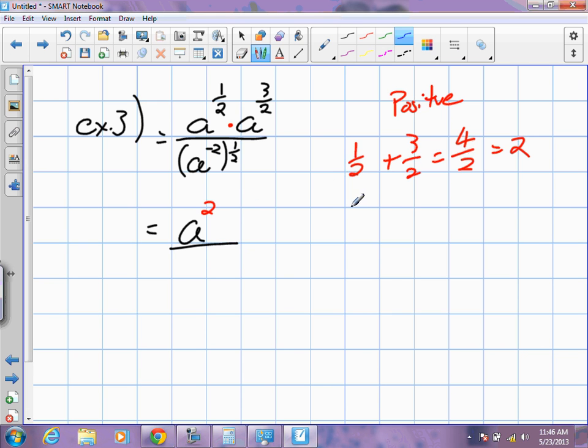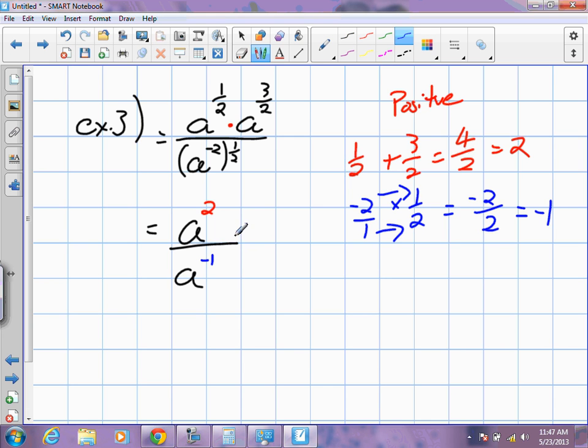So negative 2 times 1/2. When we multiply them, we want to make both fractions. So top by the top, bottom by the bottom, it's going to give us negative 2 over 2, which gives us what value? Negative 1. So we now have a to the negative 1.